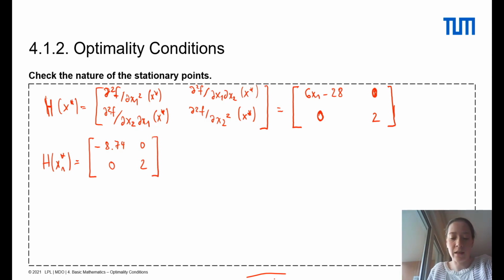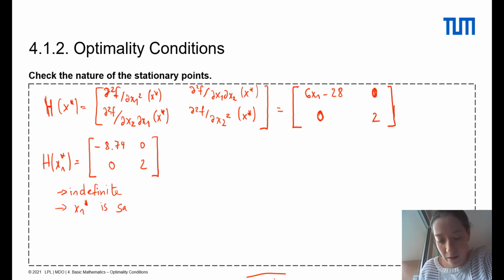And since this is a diagonal matrix, it's sufficient to just look at the diagonal elements because they are the eigenvalues, and we can look at the signs to determine the definiteness. Here we see the two elements have different signs, so it's indefinite. Our Hessian is indefinite, and therefore x1 star is a saddle point.